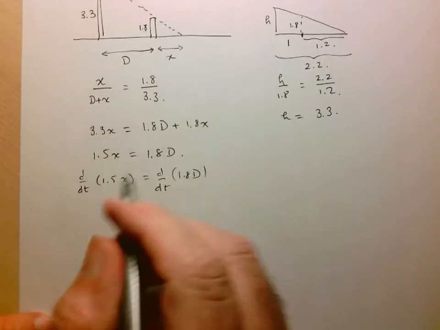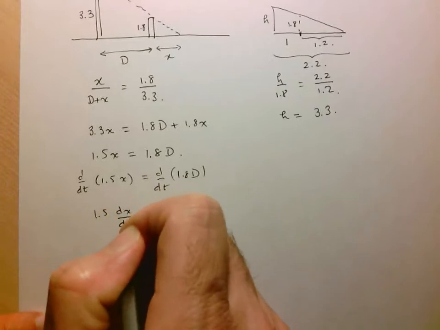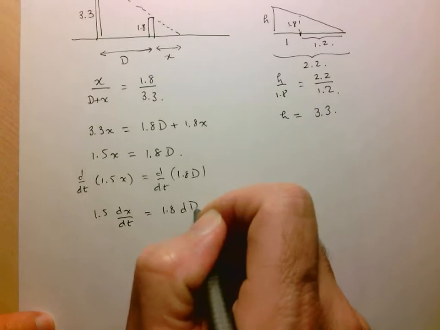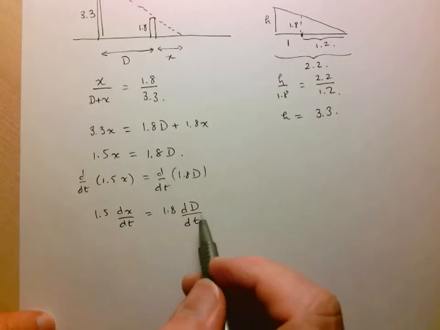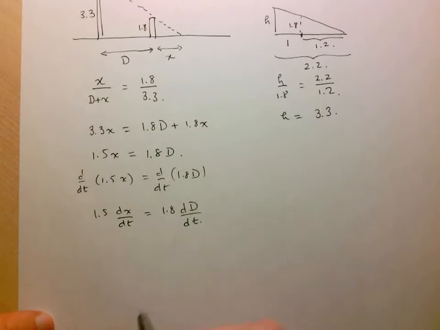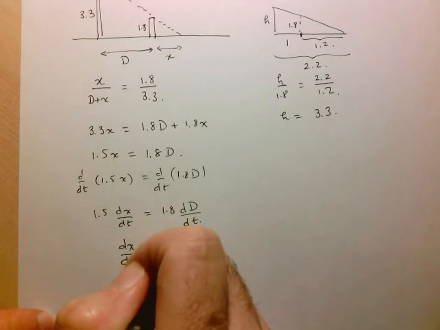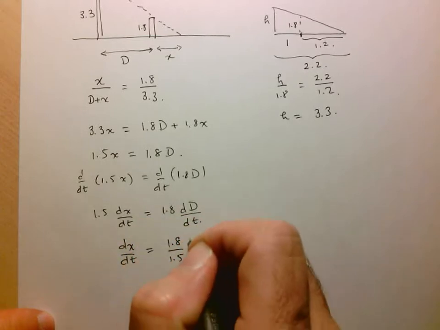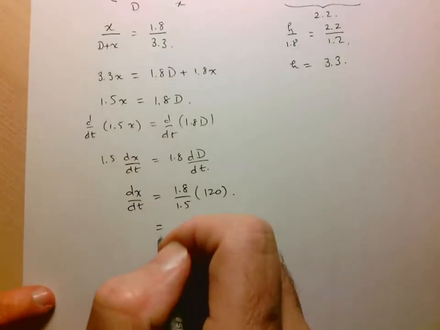So 1.5 is just a constant, so I get 1.5 dx/dt, and then 1.8 dd/dt. And I know that his distance from the lamppost is increasing at 120 meters per minute, so dx/dt is just going to be equal to 1.8 over 1.5 times 120.